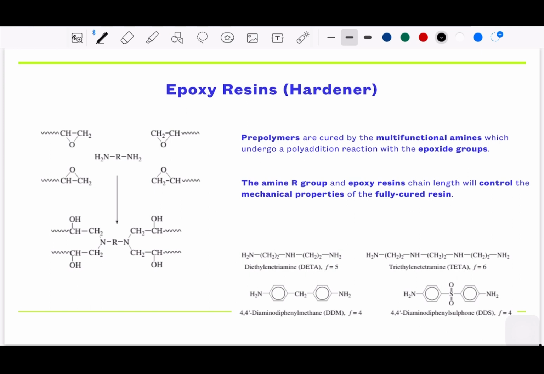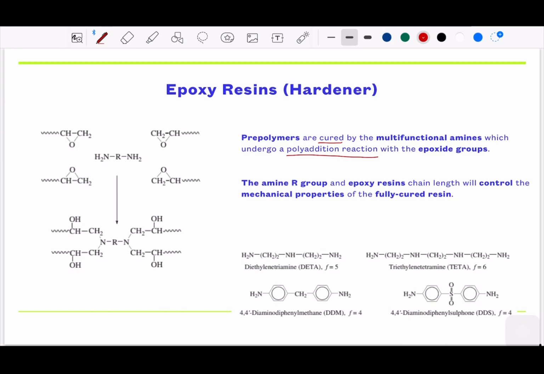Now the idea of this amine is to break down this epoxide that we prepared before, and make sure that this nitrogen reacts with this epoxide. We call this process curing, and it is a polyaddition reaction with the epoxide groups.